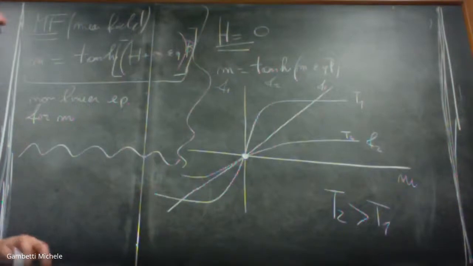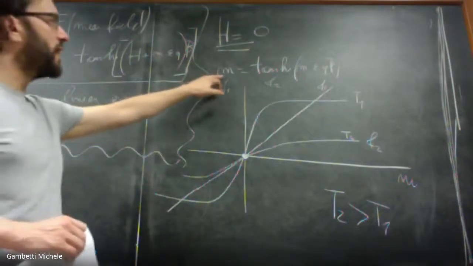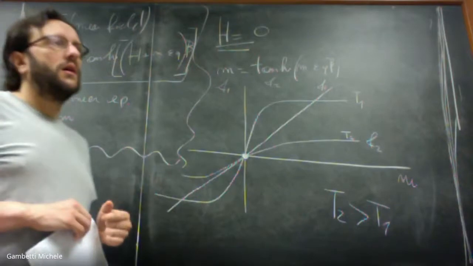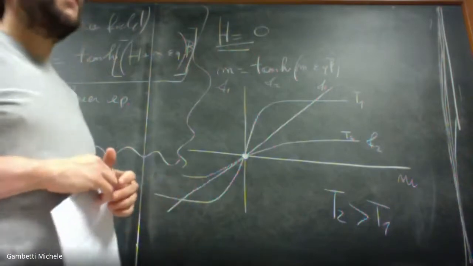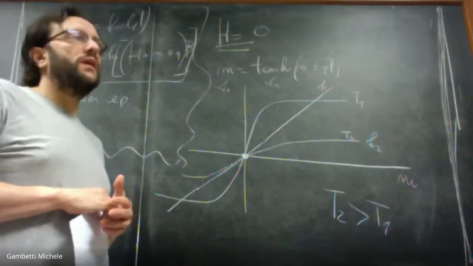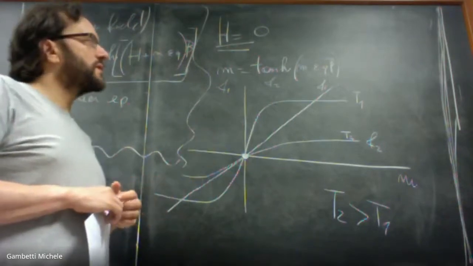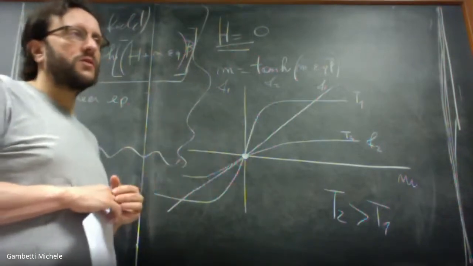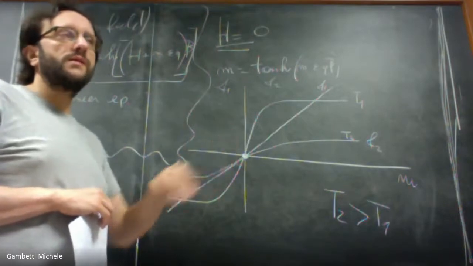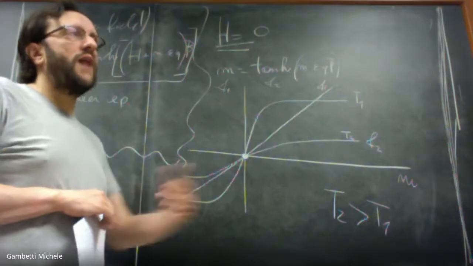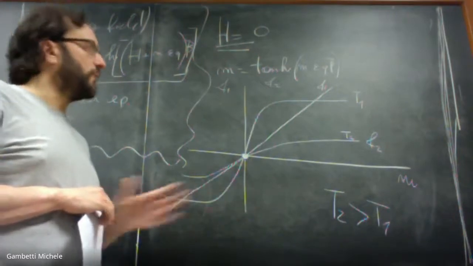It's a possibility in which the average magnetization per particle is 0, and this is basically the standard behavior in which you don't have any phase transition. It is the case, for instance, that we had at the beginning of the course when playing with spins, where we said that the average magnetization is equal to 0, and so here it is the same.